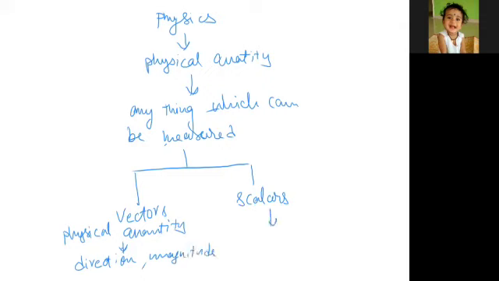And a scalar is just that physical quantity which has only magnitude. A few examples we'll take. For example, a vector and a scalar.